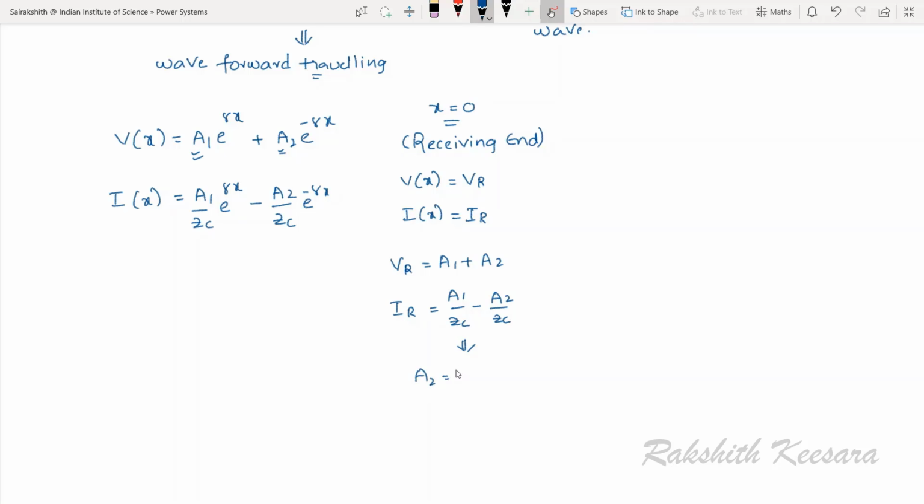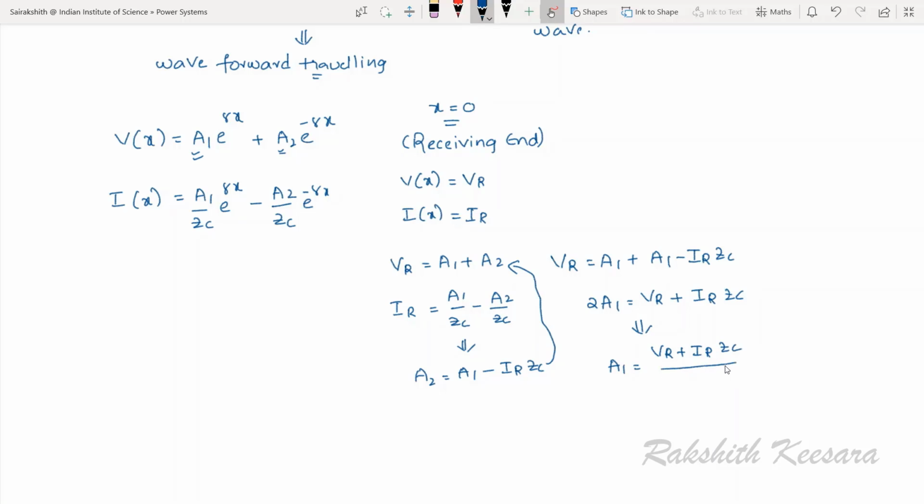A2 will be equal to A1 minus IR ZC, right? I will substitute the same thing here. So VR is equal to A1 plus A2, which is A1 plus A1 minus IRZC. So 2A1 is equal to VR plus IRZC. From this, A1 is equal to VR plus IRZC by 2.